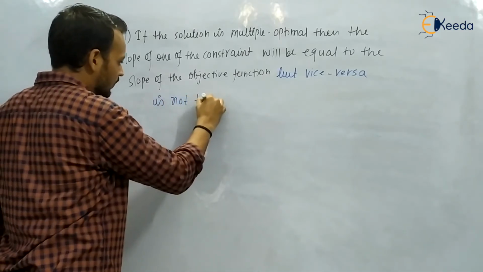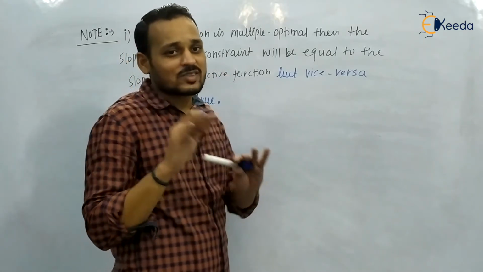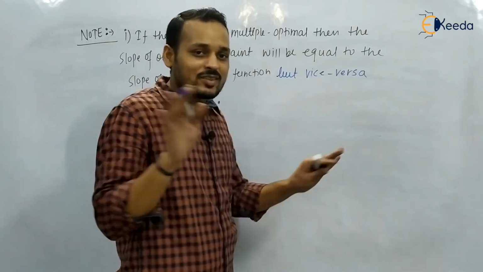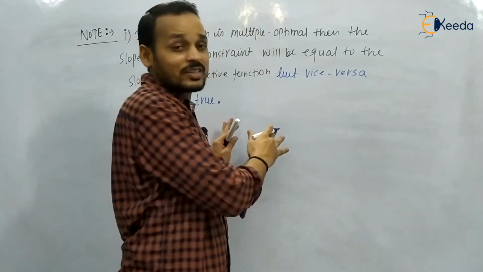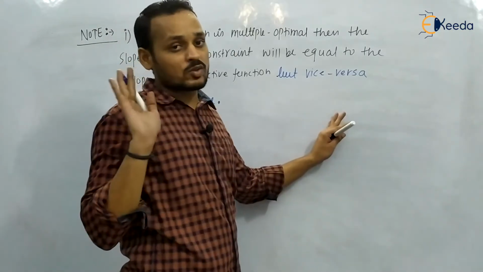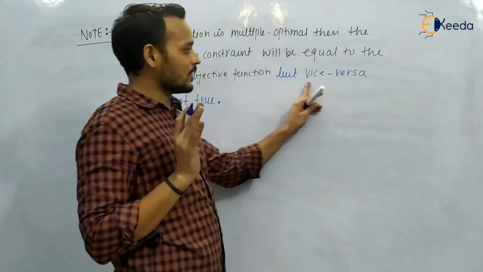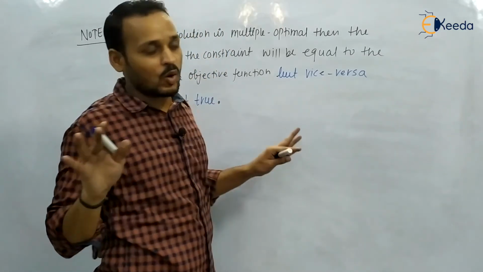It means that if the slope of the objective function and the slope of a constraint are equal, then it is not a guarantee that the solution is always multiple optimal. We have seen the example where the slope was equal but the solution was a unique solution. So the converse is not true.